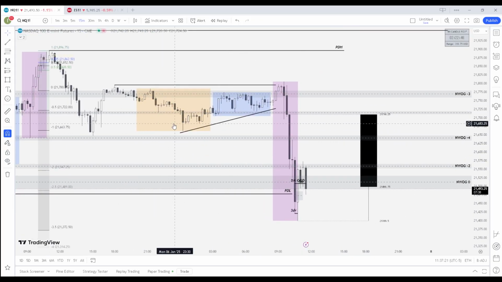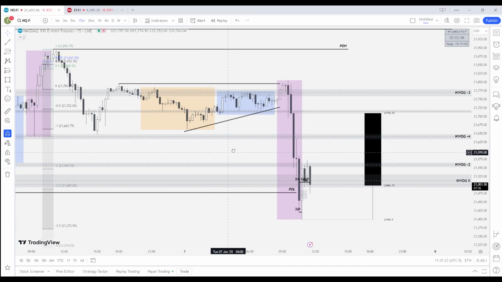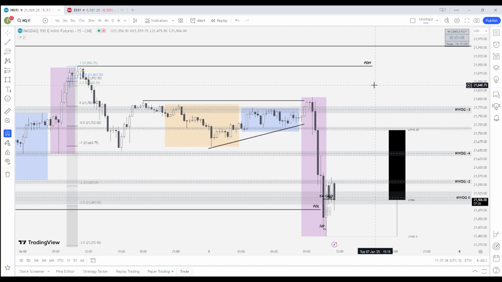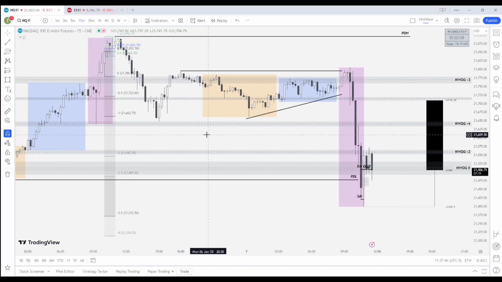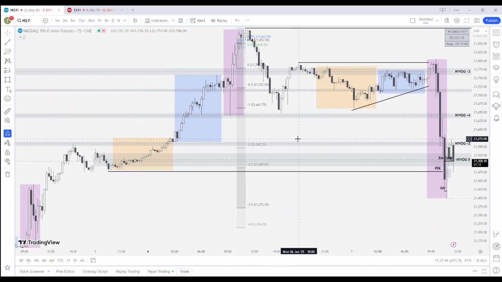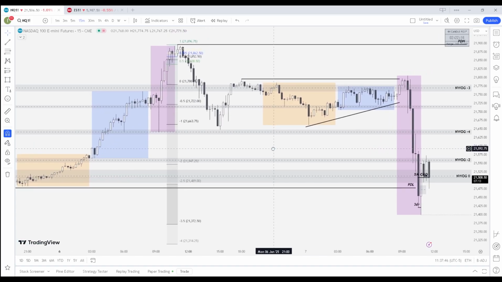I'm expecting Tuesday to be manipulation lower, so we can have Wednesday, Thursday distribute higher, and then Friday could possibly be a retracement of the weekly range. But yeah, that's basically the reason why I wanted to see lower.